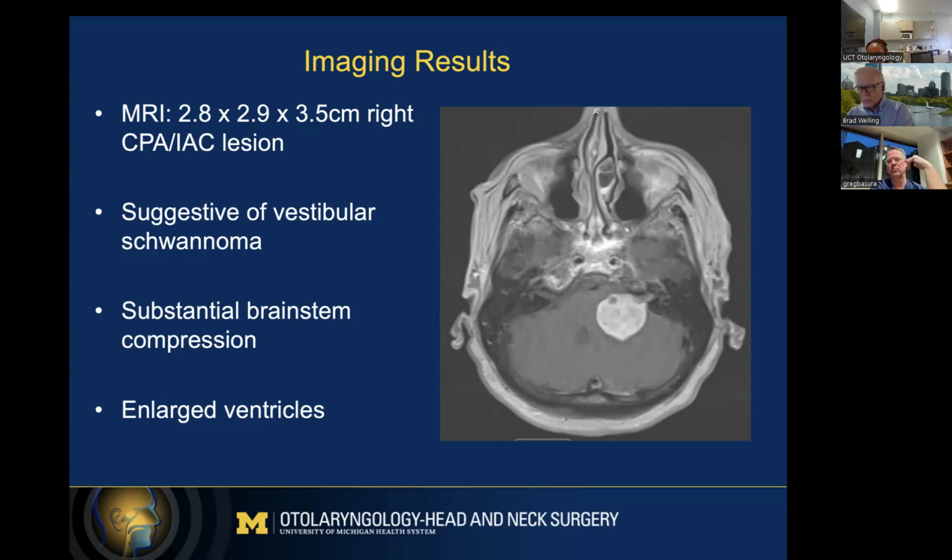Where does it exit the brain exactly? Where does the nerve exit or enter the brain, however you look at it? What's the root entry zone of the trigeminal nerve into the brain? It's usually at the pontomedullary junction. Yeah, it's kind of at the pons, really, right?